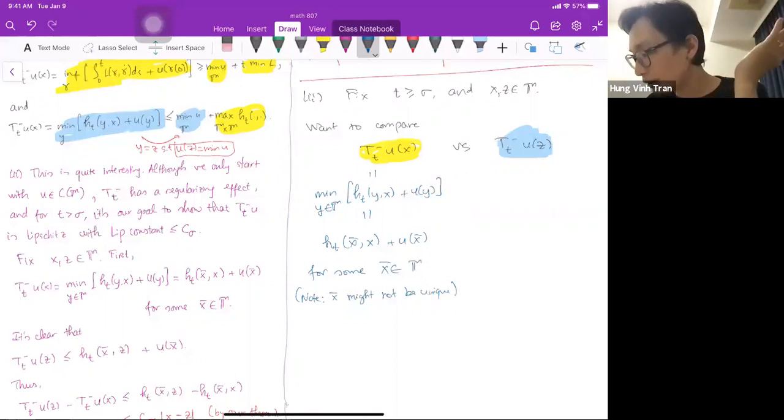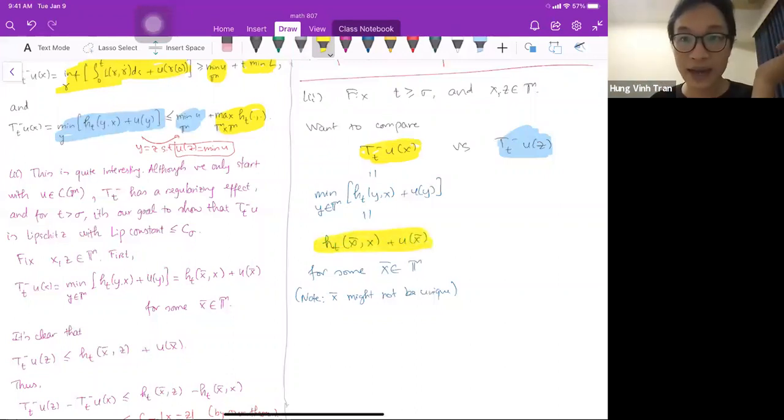So you see that I have come so far with the realization that T_t^-(u)(x) equals this value.